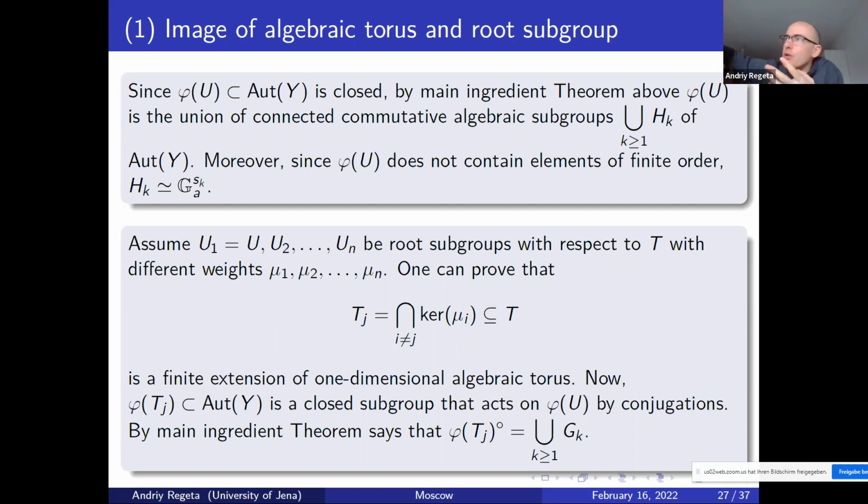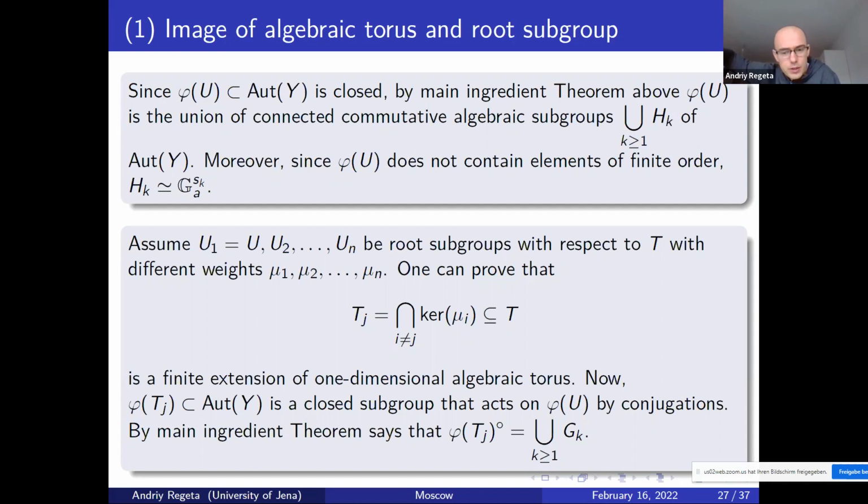So phi of T_yacht is just a subset of those elements of phi of t which commute with images of n-1 root subgroups. So that's basically the reason why it's closed. Now, by the main ingredient theorem, we have that the connected component of phi of T_yacht is the union of algebraic groups.